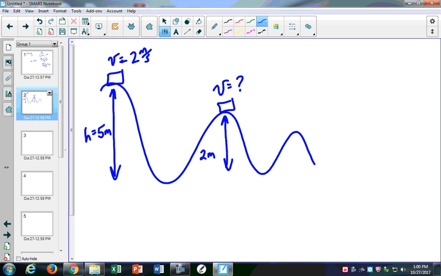I'd ask myself, what types of energy does this object have? Over here, it has both kinetic and potential, and over here, it also has both. It has kinetic because it's moving, since the speed is not 0, and it has potential because it's at a certain height.